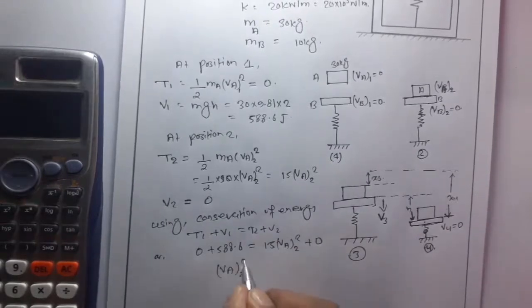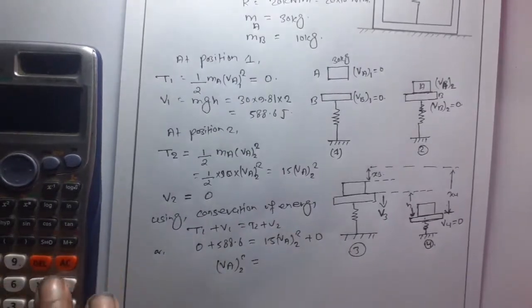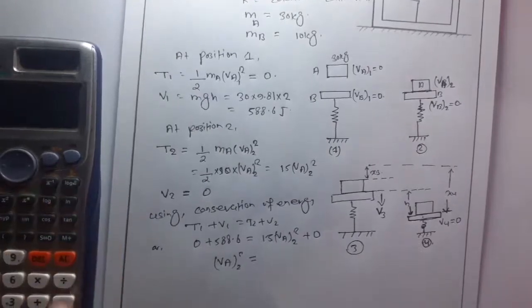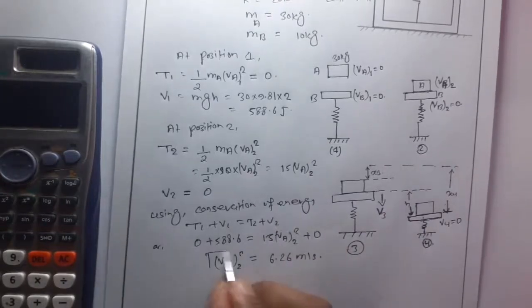So VA2 is the square root of 588.6 divided by 15. So this is 6.26 meter per second.